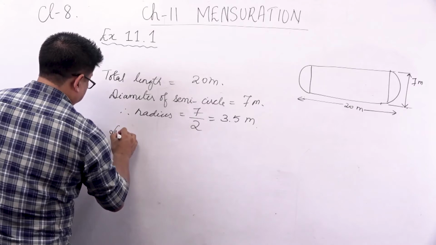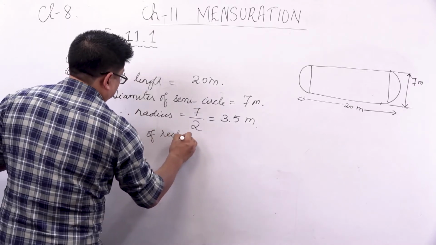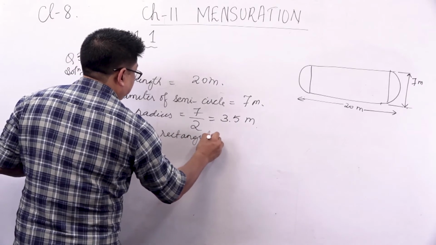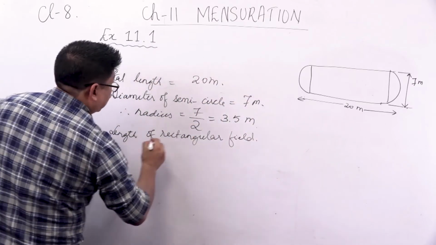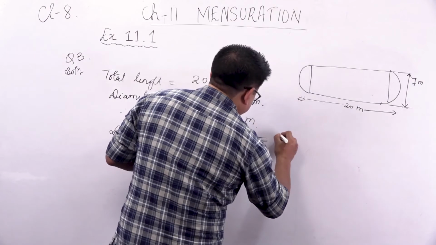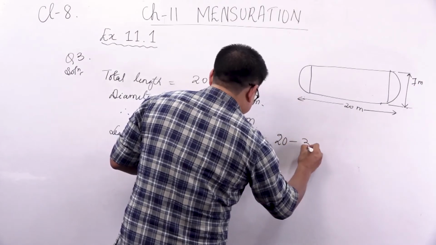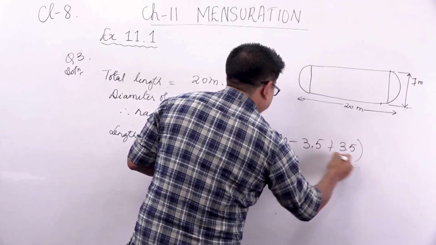Now we will start with length of rectangular field. So the length of rectangular field, they have given us a hint in the question: 20 minus 3.5 plus 3.5.